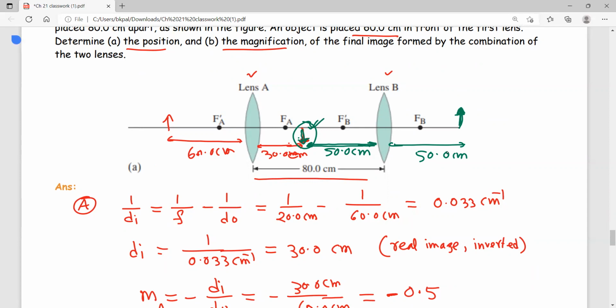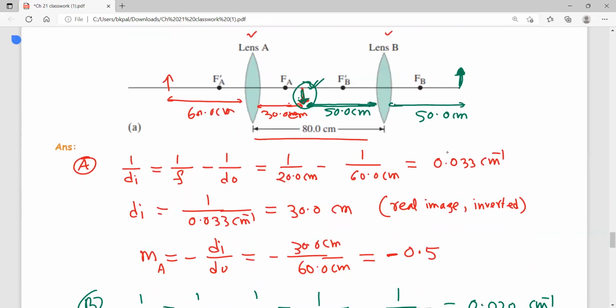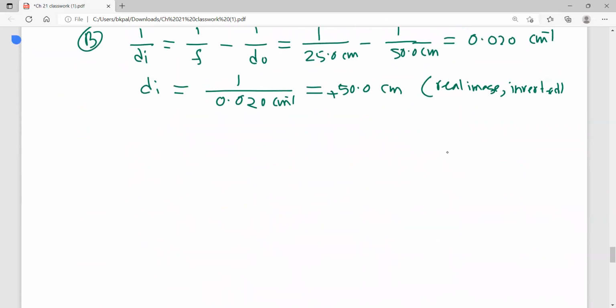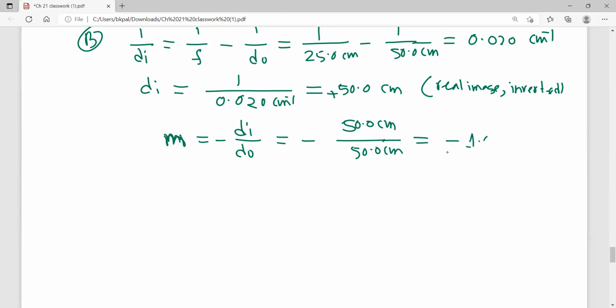You can see that m is equal to minus di over do. Here di is 50 centimeter and do is also 50 centimeter. Both are positive, so we get negative 1.